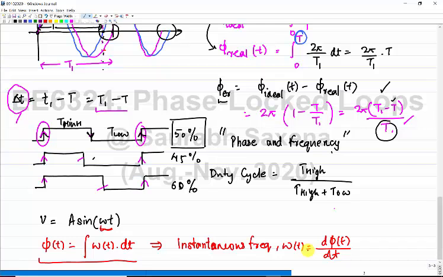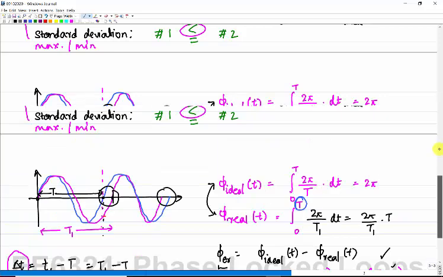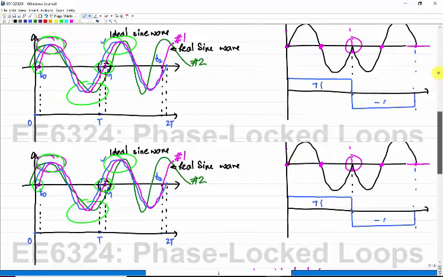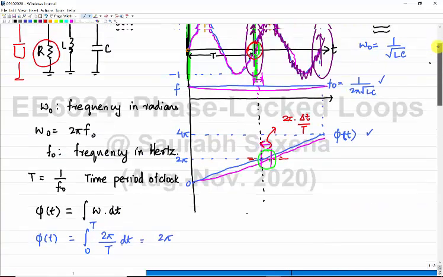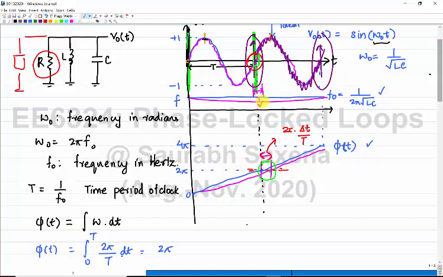Once you have instantaneous frequency, you can define average frequency, the variation in the frequency, and so on. Just an example I will show you here, that this magenta one which I have drawn is an instantaneous frequency which I drew by taking the derivative of the argument for the sine wave.